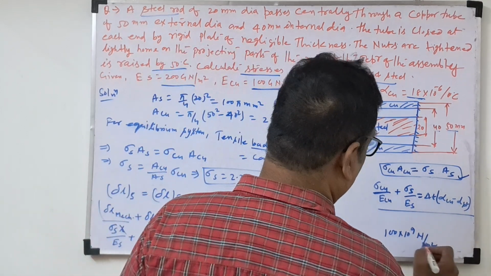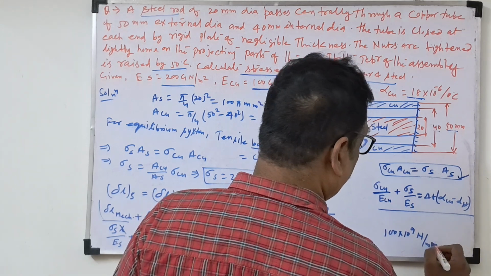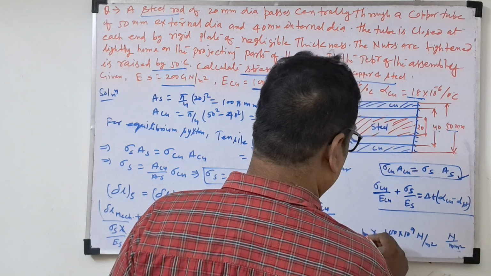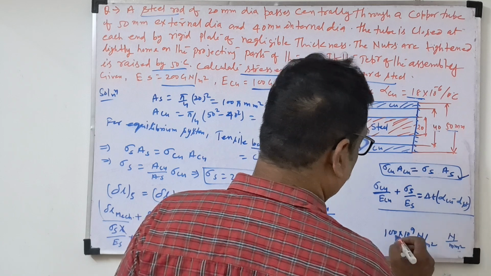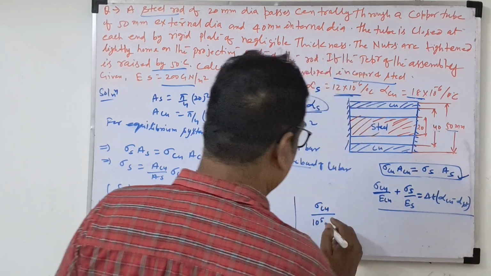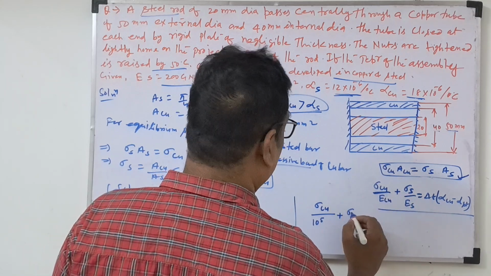If you write in mm square, 10 power 6 will be divided, so it will come 10 power 5 Newton per mm square, plus this will come steel.